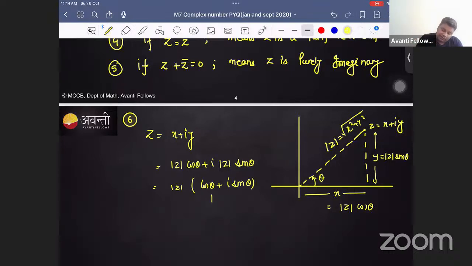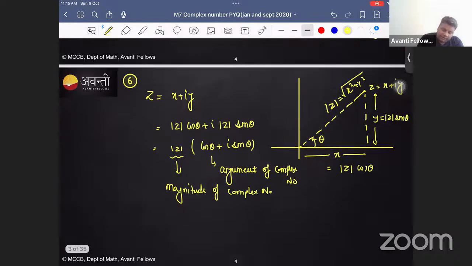Now this theta is what? This is the argument of the complex number. And this mod z is the magnitude of the complex number. Now if you see, this z can also be written as magnitude of z e to the power iota theta. What did I do?